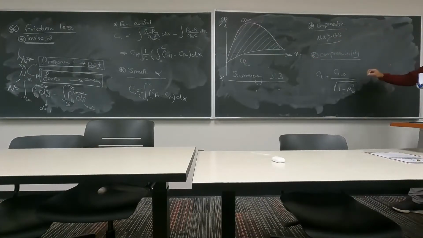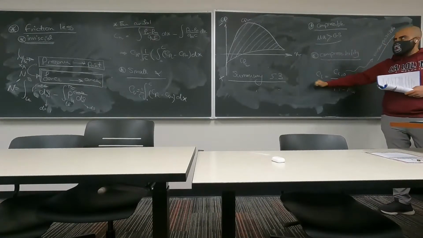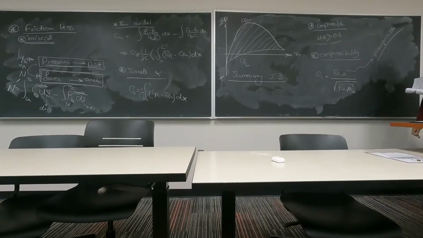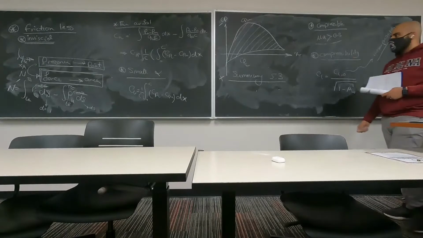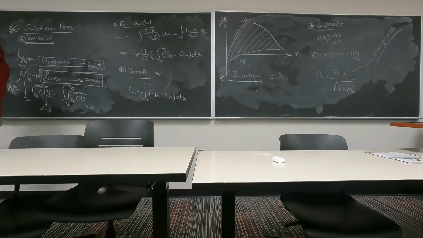So at low speed, this is your incompressible lift coefficient. And if you want to find the lift coefficient for Mach numbers that are larger than 0.3, you essentially make the incompressible assumption, calculate the coefficient, and then use this correction factor, which is 1 over the square root of 1 minus M infinity squared, to find the value for the compressible fluid flow.